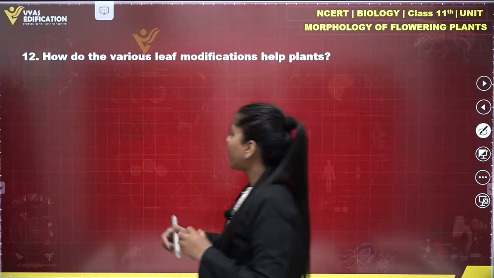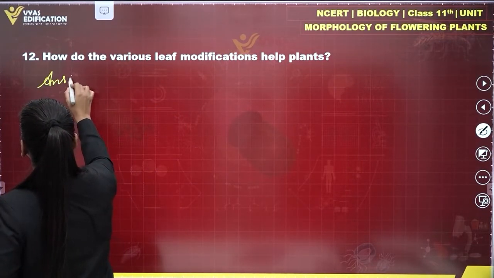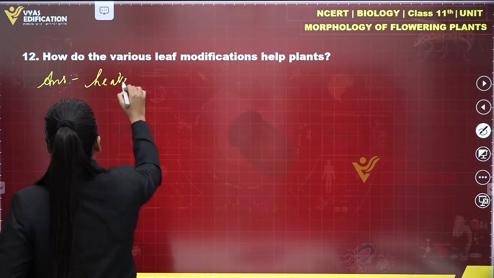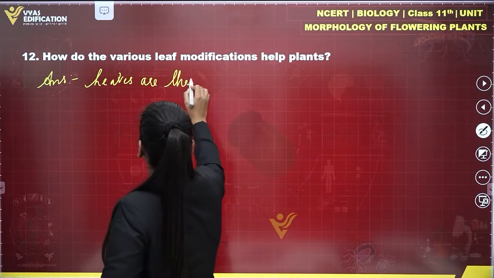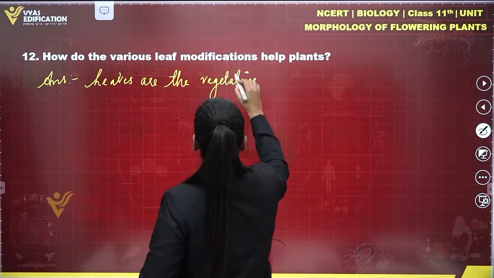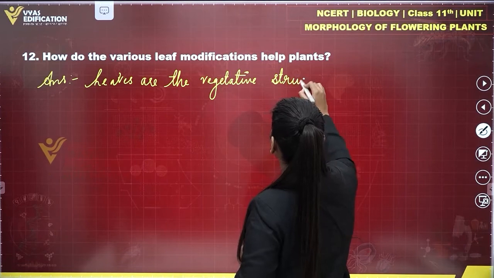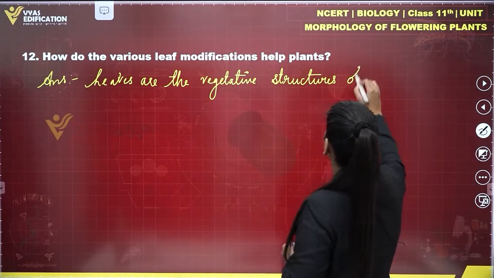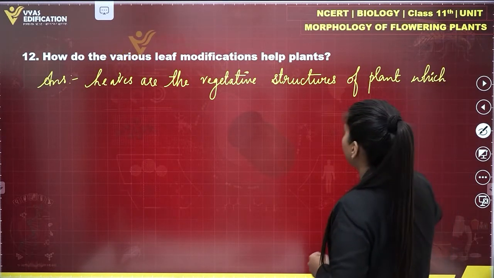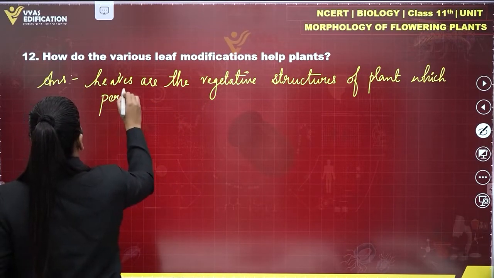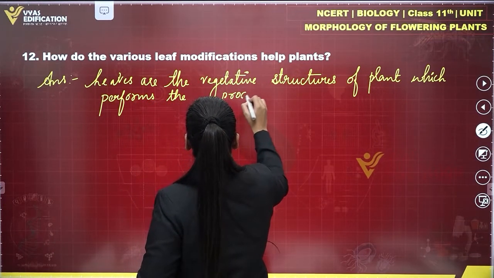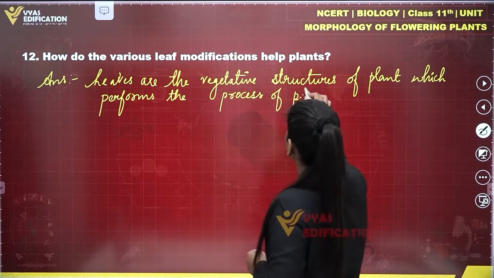So first of all, let's write the answer. Let's begin the answer number 12. First of all, we'll write about leaf. Leaves are the vegetative structures of plant which perform the process of photosynthesis.